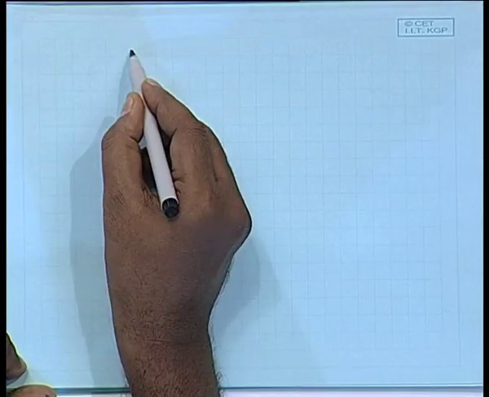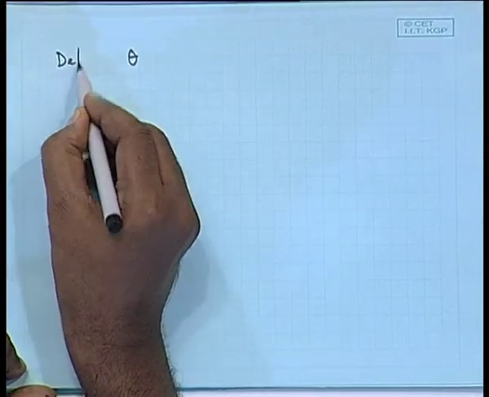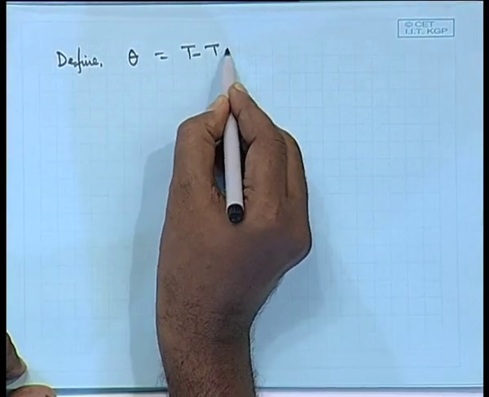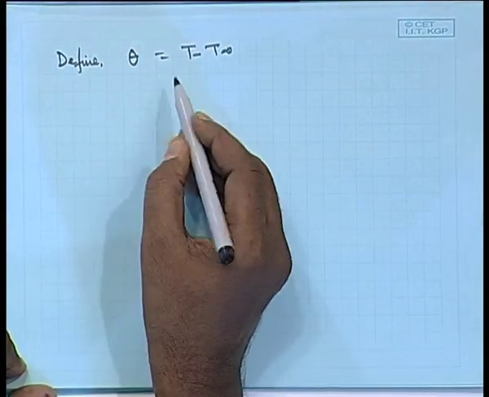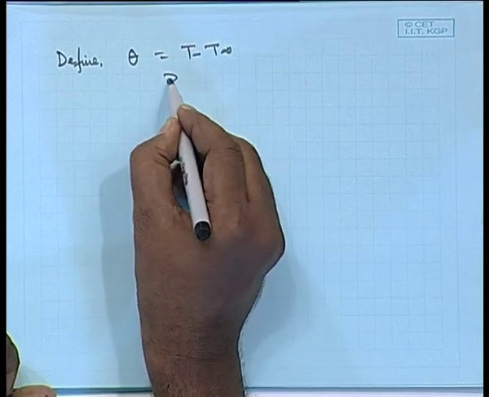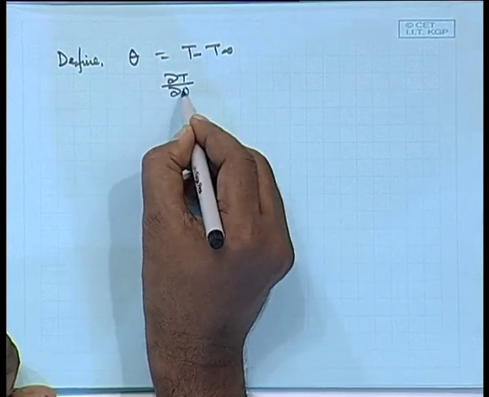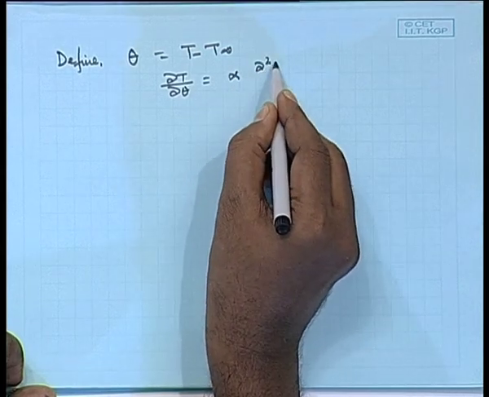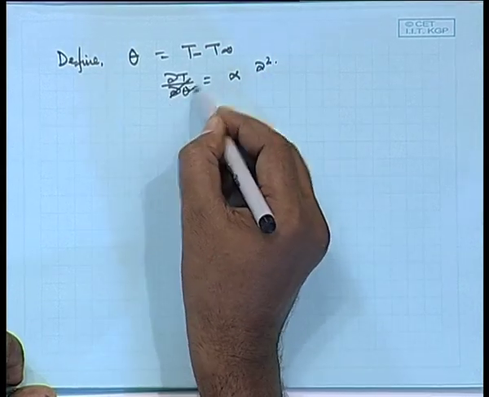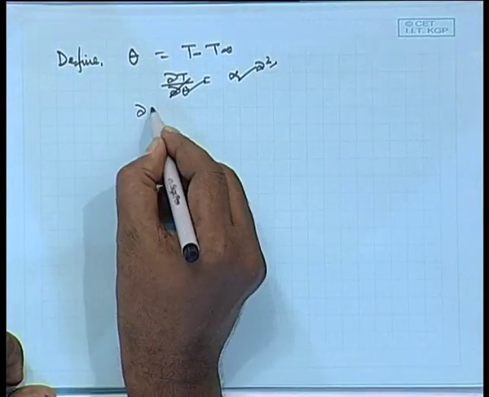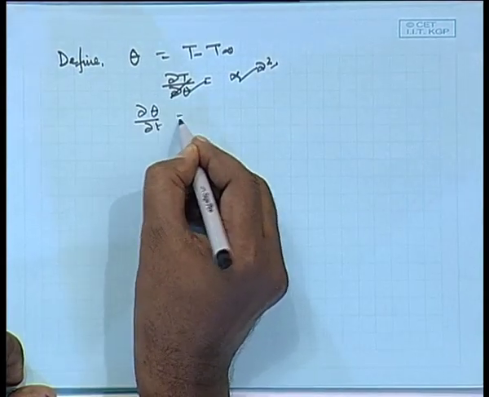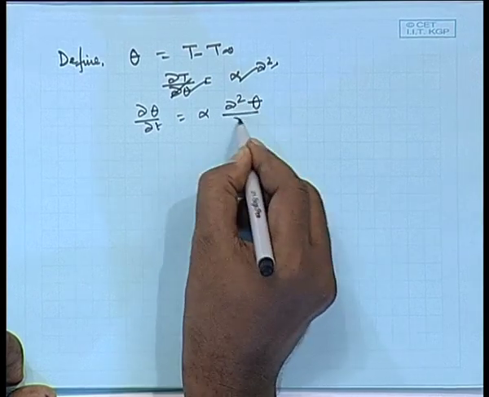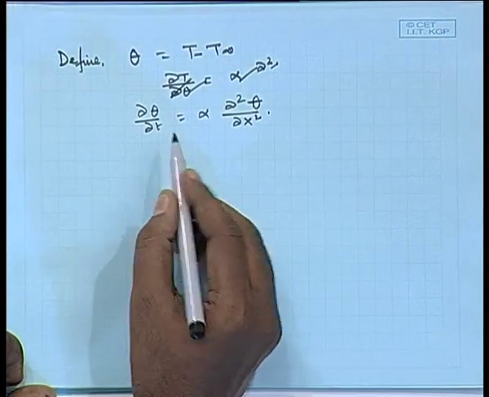Let us define theta as T minus T infinity. In that case your governing equation becomes ∂θ/∂t is alpha ∂²θ/∂x², right.